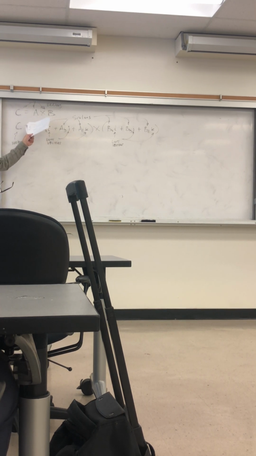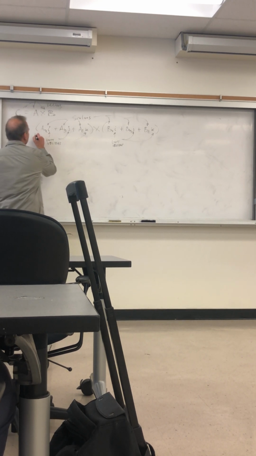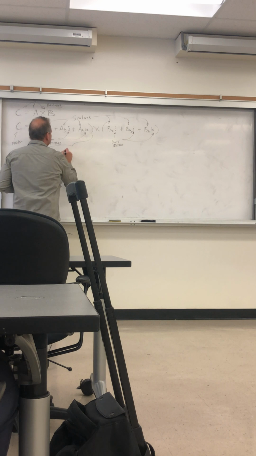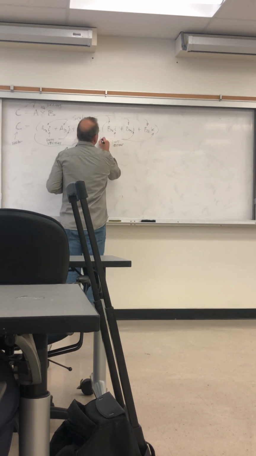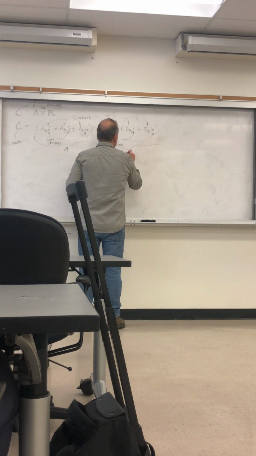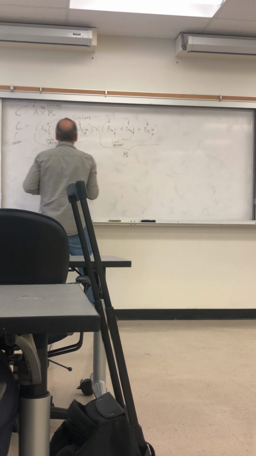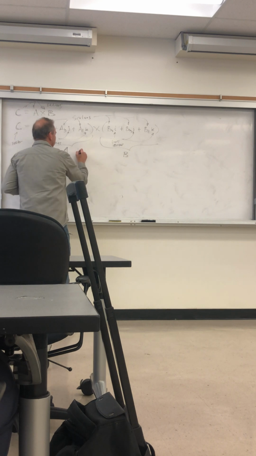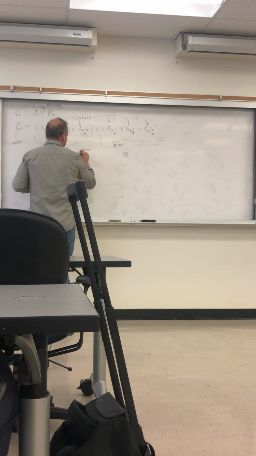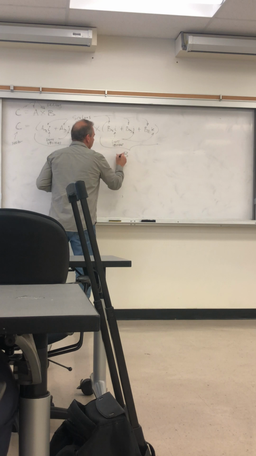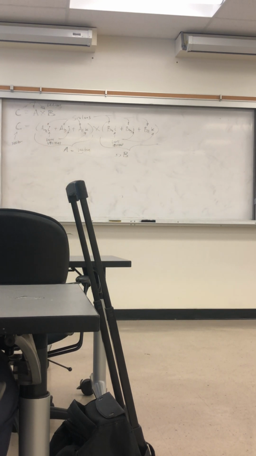A is a vector, B is a vector, C is a vector. And then C can be written as this is A vector, and this is B vector. All right, C is A cross B.